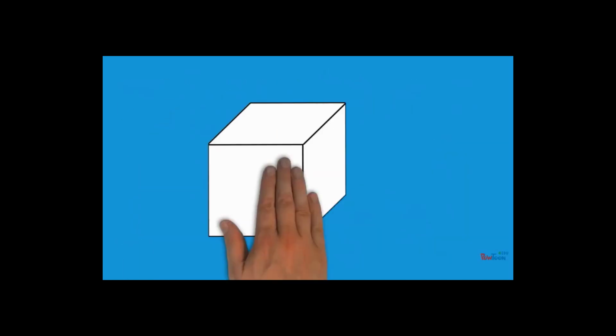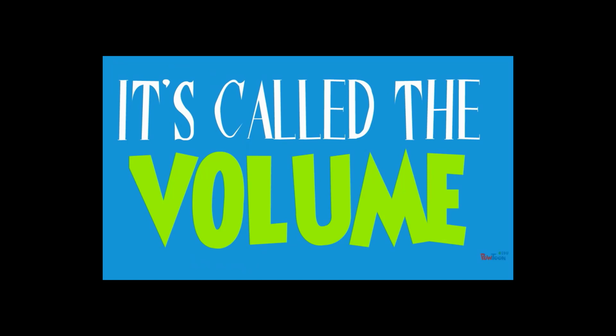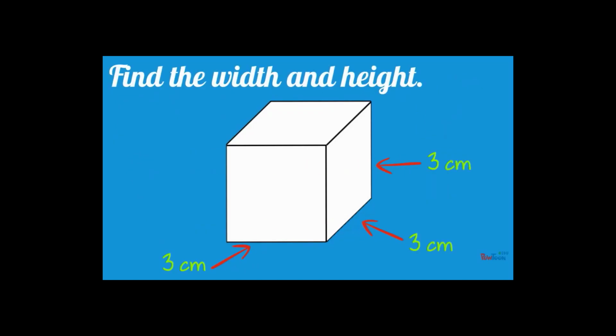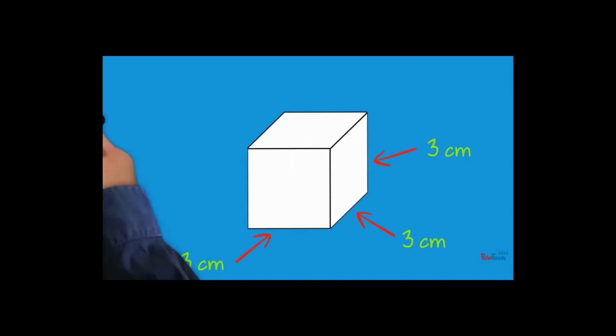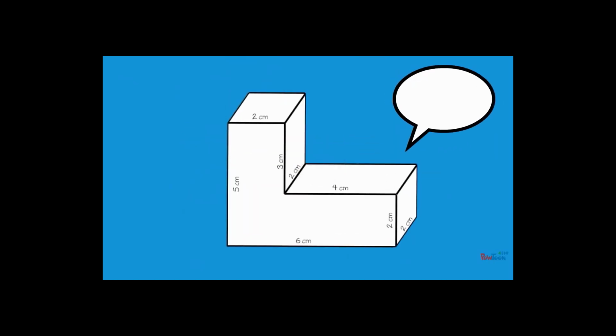Solve the problem, you must find the length of the one side. It's called the volume. Solve the problem, you must see the width and discover the height. It's called the volume. Solve the problem, you must find the product, but that's not it. It's called the volume. You have found the volume. Don't forget it's cubic units. When it's irregular, what you gonna do?